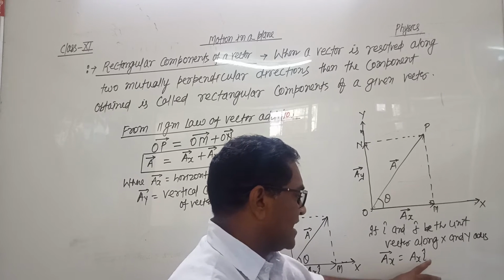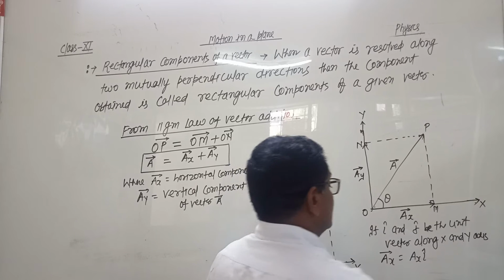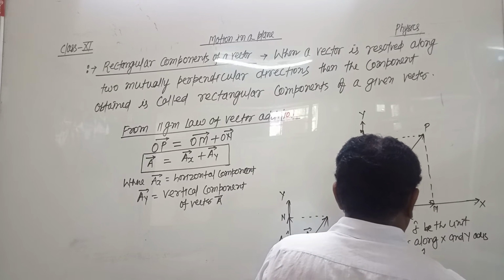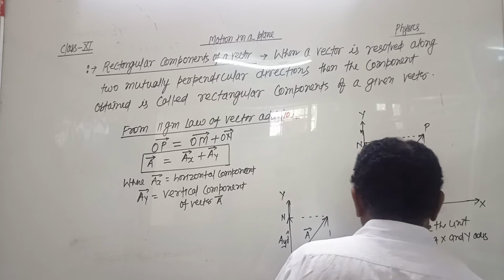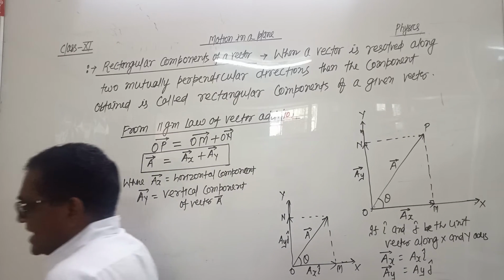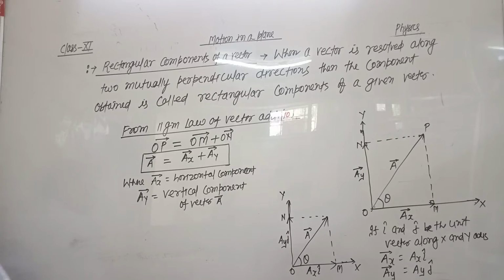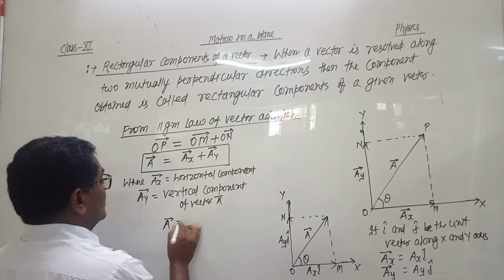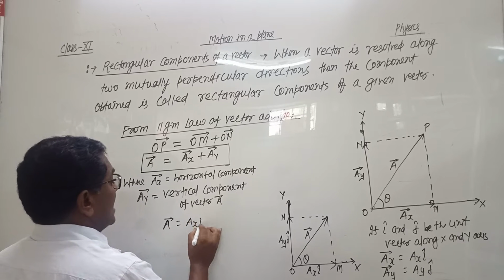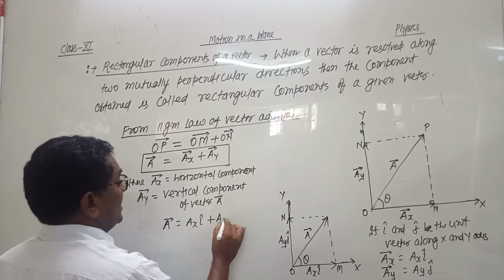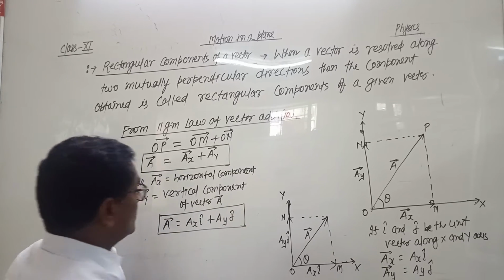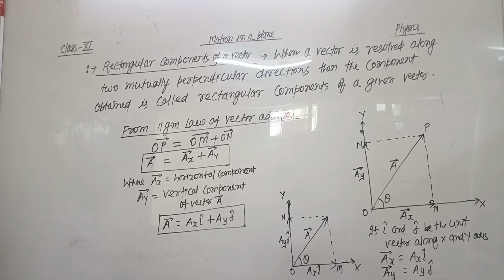Here AX is the scalar and i cap is the vector. Similarly, vector AY is represented by AY and j cap. So vector A equals AX i cap plus AY j cap in terms of unit vectors.